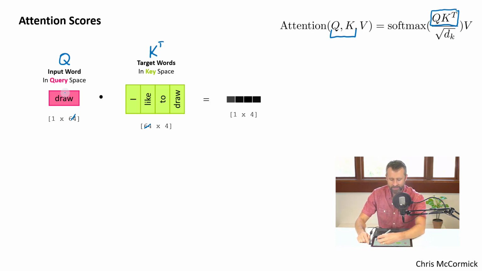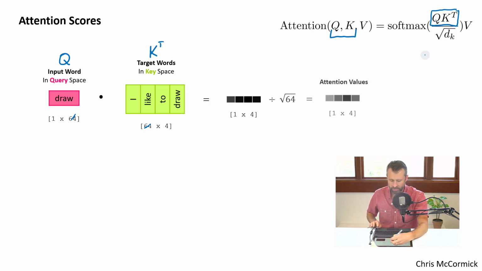And then there's this additional step here that I tend to omit because it's a small detail, but we're going to divide each of these values by 8, since d_k, the dimension of the keys, is 64. So the square root of that is 8.